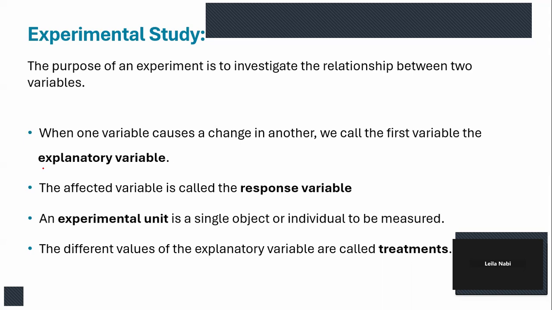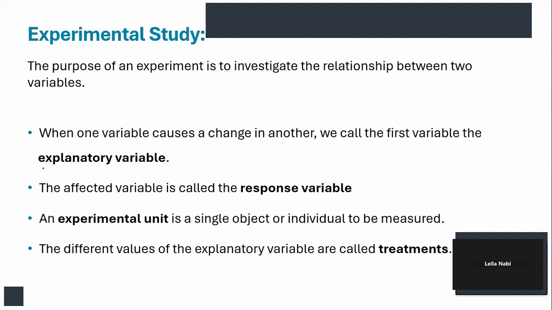For example, if you want to see the effect of a type of medication in reducing blood pressure, that pill is the explanatory variable because it can affect the blood pressure, and reducing the blood pressure is the response variable because it can be affected by that treatment.